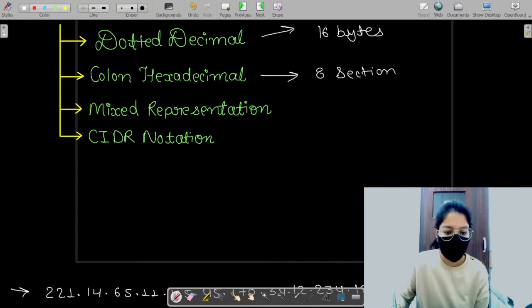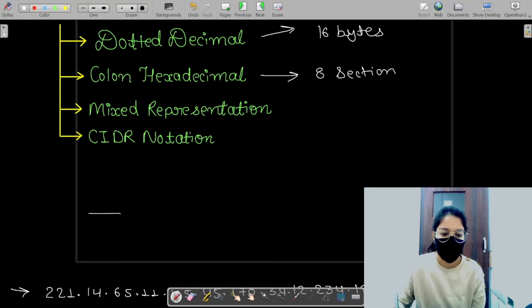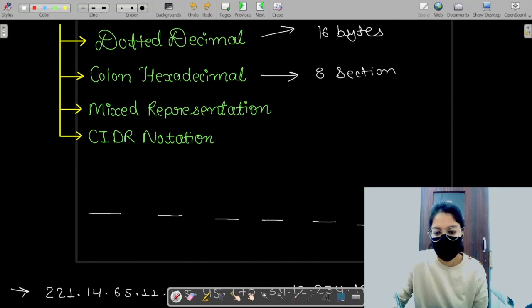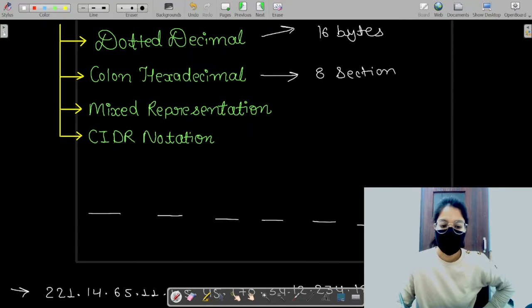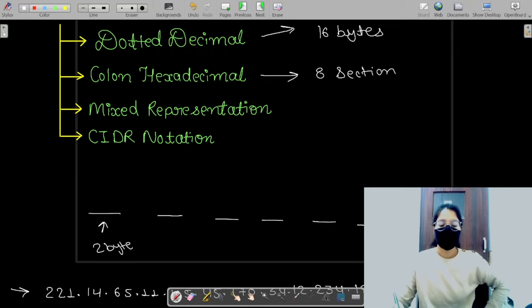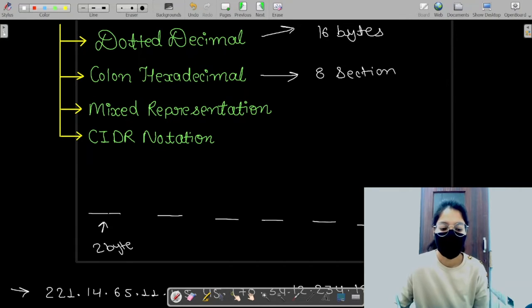We can say like 1, 2, 3, 4, 5, 6, 7, 8. So we divided 128 bits into 8 sections, and each section is 2 bytes long.